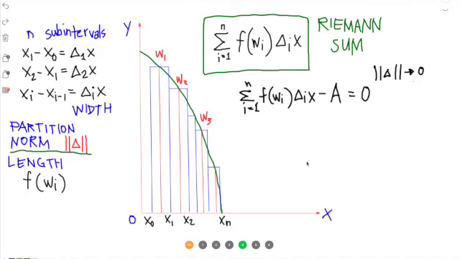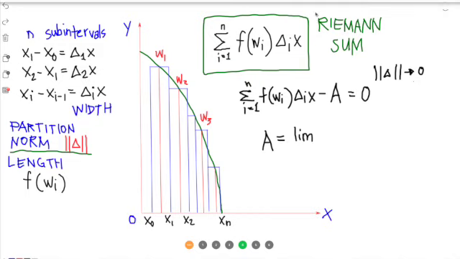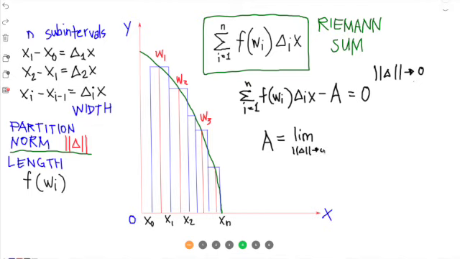So now we define our area here. Let me write that our area must be equal to the limit of the Riemann sum, the limit of this, as our norm approaches zero. So let me just rewrite everything here. We have the summation from i equals 1 to n.